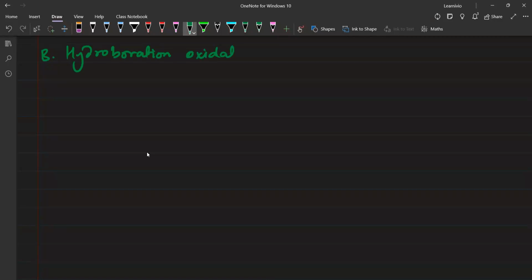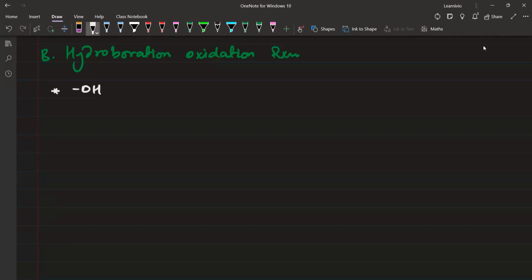oxidation reaction. Hydroboration oxidation. Basically you have to remember the reagents here. Remember what the reagents are. First of all, a couple of points here.